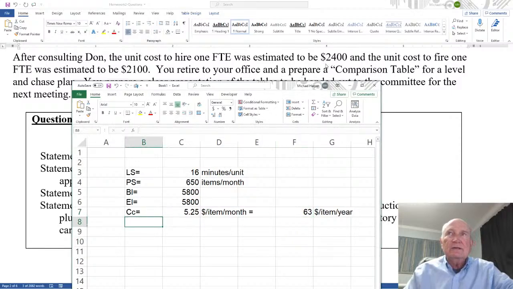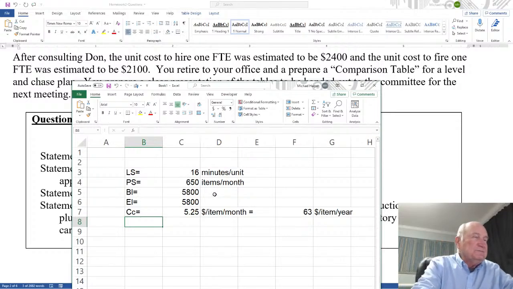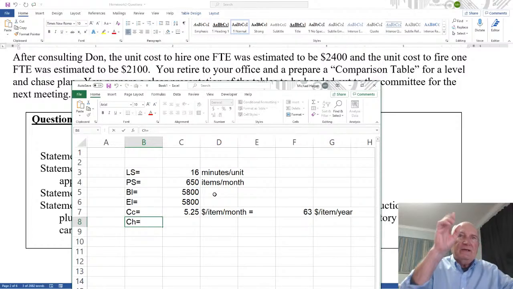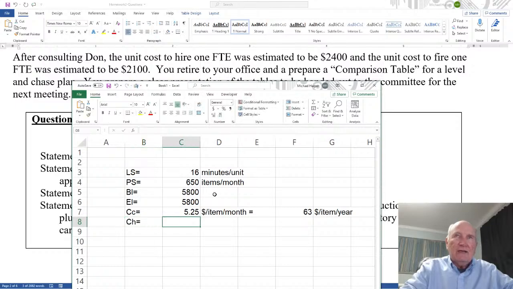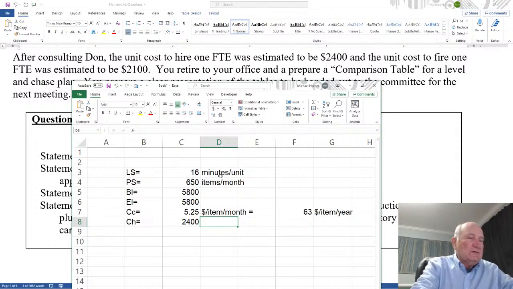The cost to hire one FTE was estimated to be $2,400. So this is going to be the hiring cost. The big C is cost, the little h is hire, and that's going to equal 2,400 dollars per FTE.